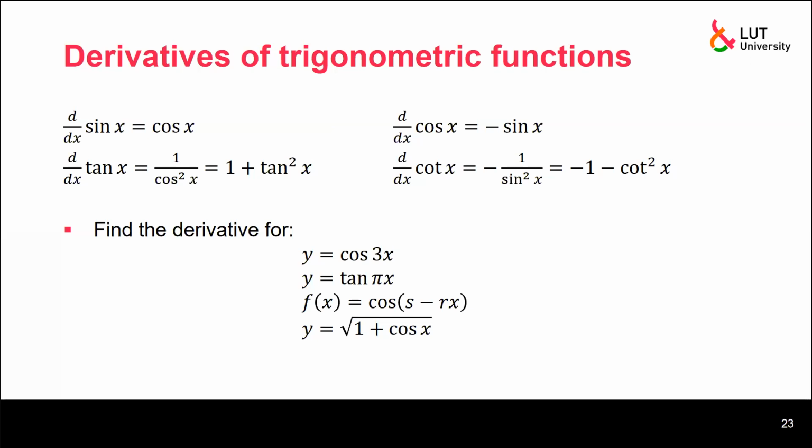And now when we put it together, 1 plus tan squared of the inner function here. So pi x still there, and times pi, so it goes on front. If you want to clean it up a little bit, it ends up being pi plus pi tan squared pi x.